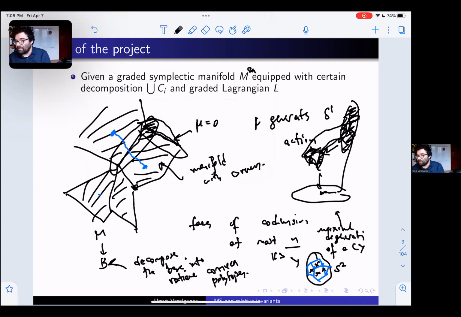Does that answer the question? Yeah. Thank you. So this polyhedral decomposition is kind of transversal to the discriminant of the. Yeah. So in my mind, I would like it to be indeed transversal to the discriminant, but there is much more literature on this kind of singularities along the faces of the decomposition.